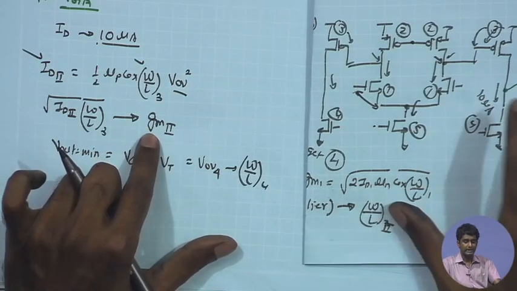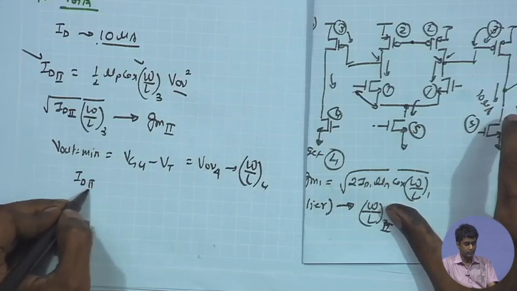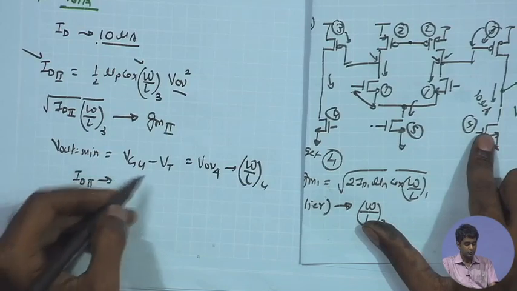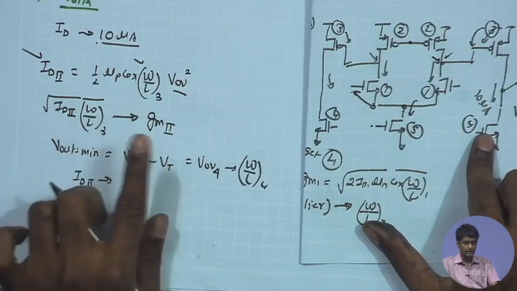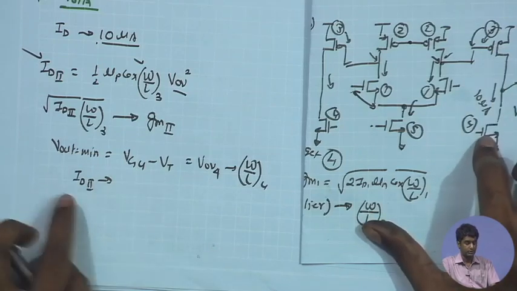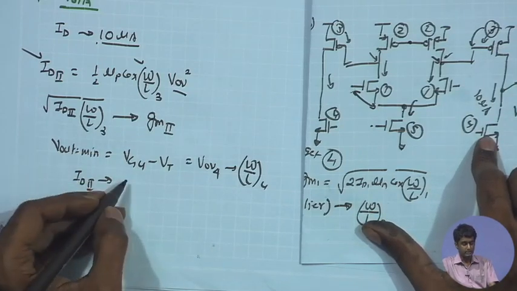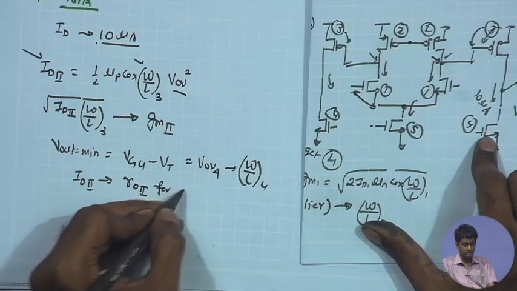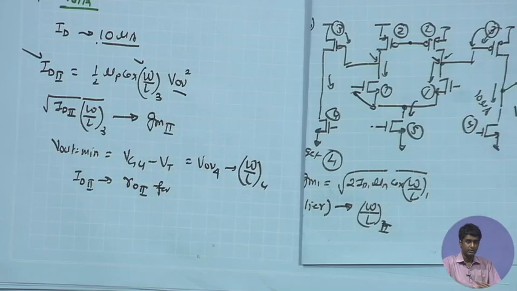Now the ID2 is known, so this is going to give me the required value of RO to get the GM2, and hence the value of L of the PMOS and NMOS. So ID2 is going to give me the RO2 required for the overall gain in this stage.